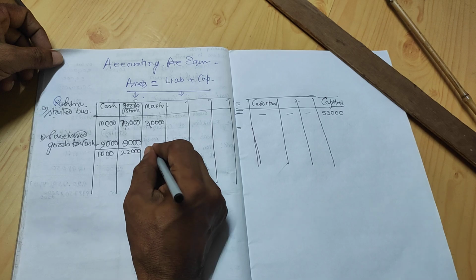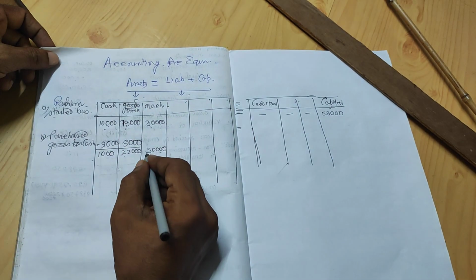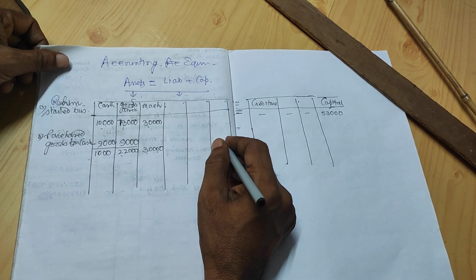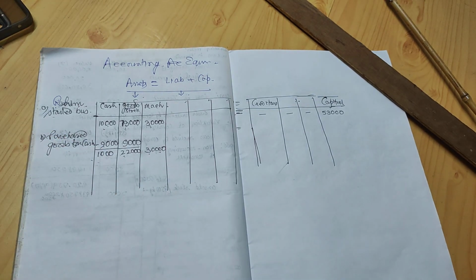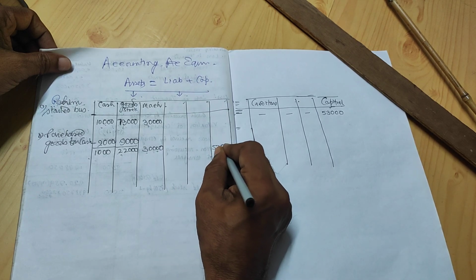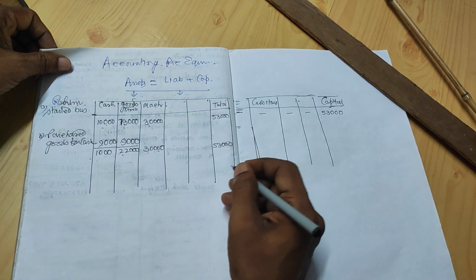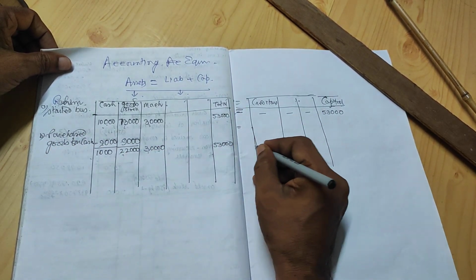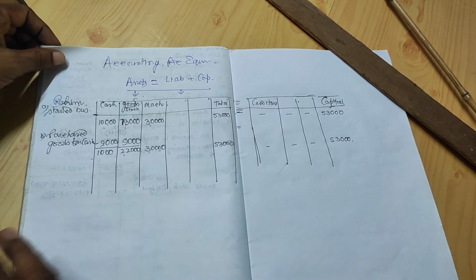Machinery 30,000. Now the total becomes 53,000. Okay, total column should be there, na? It total column लगा दिया. Here 53,000, 53,000. Left side no change, and right side there is no change. Capital remains 53,000. Right? Over.